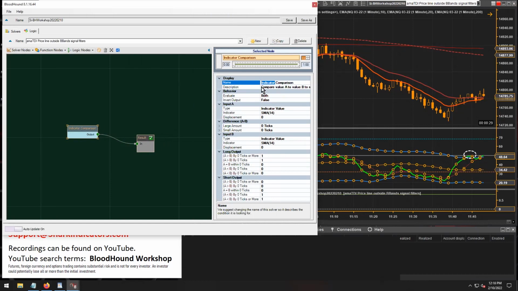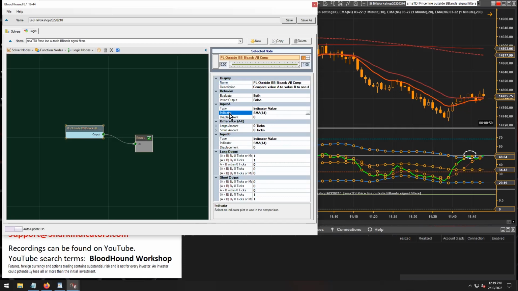So let's see here. If the price line is outside the Bollinger Band lines, then we're going to block all signals. Input A needs to be the price line, or the green line.